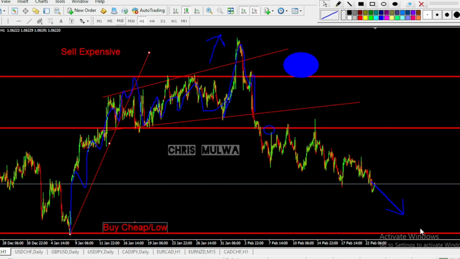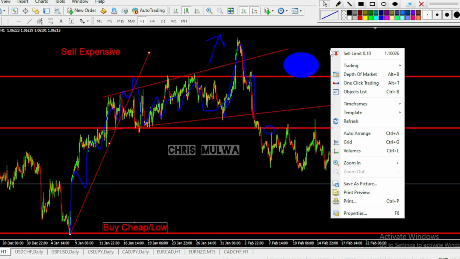Our take profit can be somewhere there, because this one was the turning point, so we can milk the market up to here. Now I want to show this using simple terms, what I mean by failure swing. I will still use this chart.